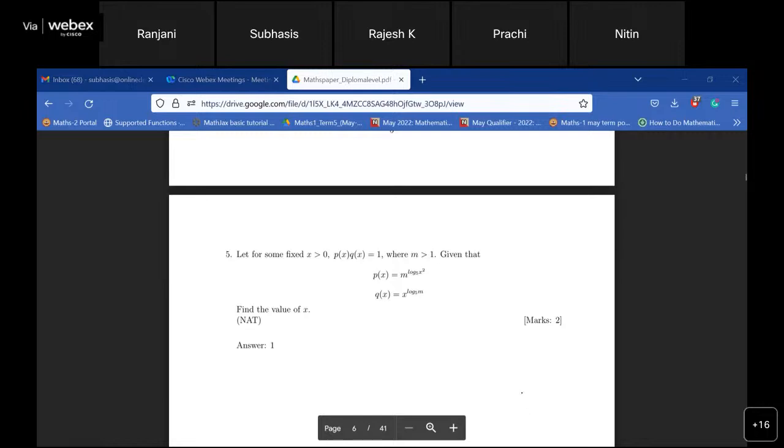One more thing is given: m is greater than 1, and p of x times q of x is 1, right? Just a minute, let me share this journal now.